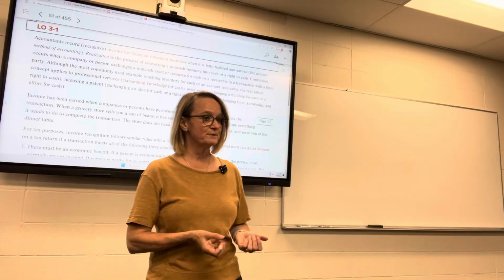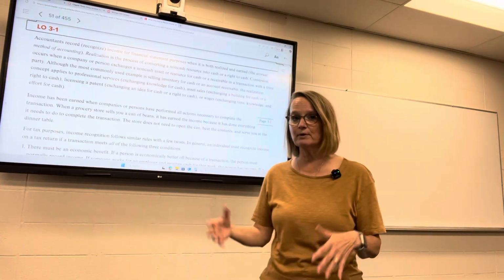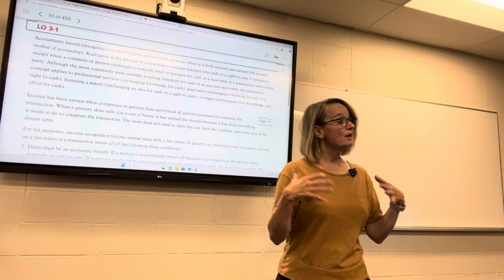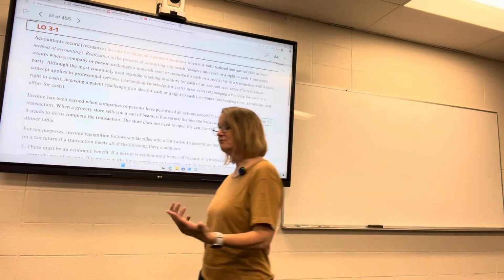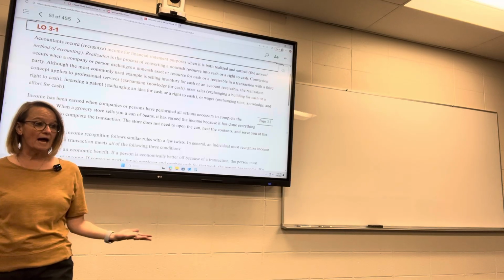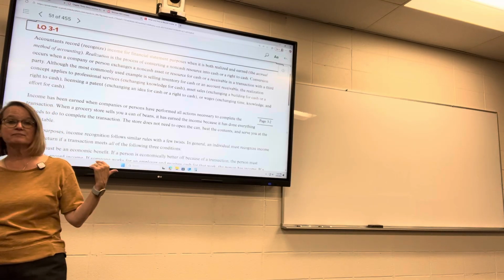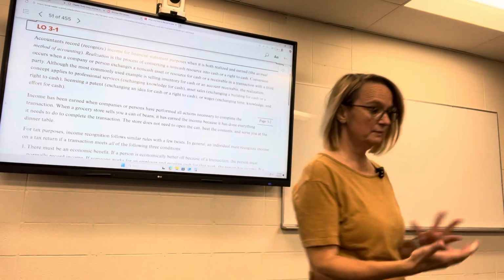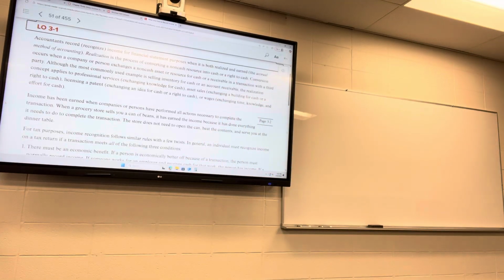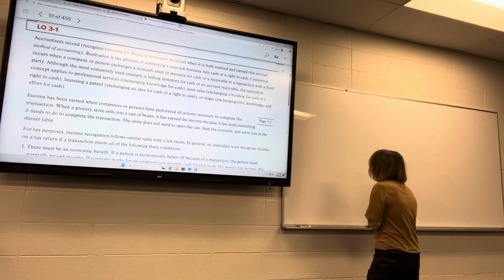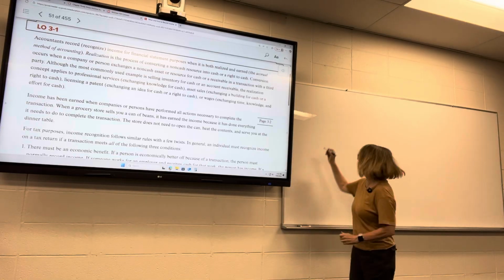For tax purposes, we realize income when we receive it. We get the income in, but realization may be different from what we recognize for tax purposes. For example, if you sell a building in a business for $100,000, you receive $100,000, right? So sale.